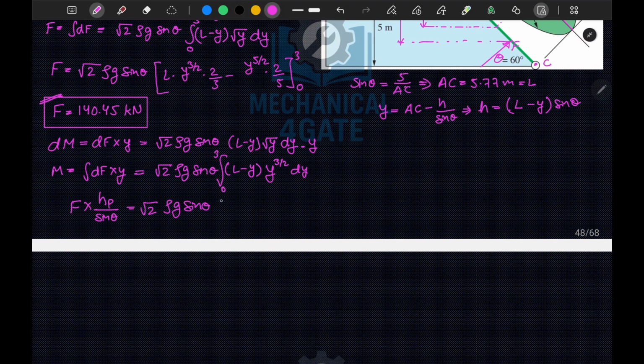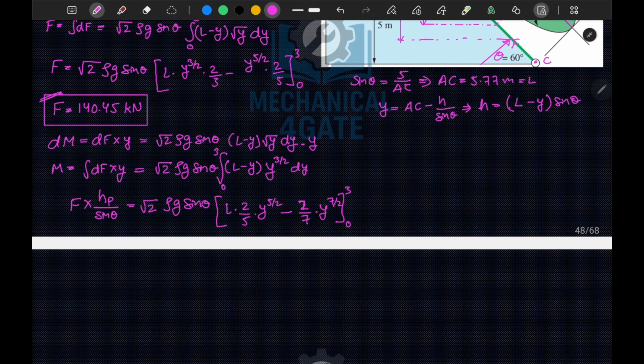Now if we integrate this, it will become L into 2/5 times y to the power 5/2, minus, since this is again y to the power 5/2, it becomes 7/2, so 2/7 times y to the power 7/2, with limits from 0 to 3.